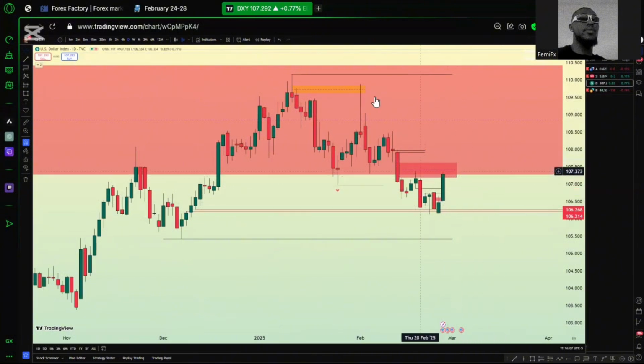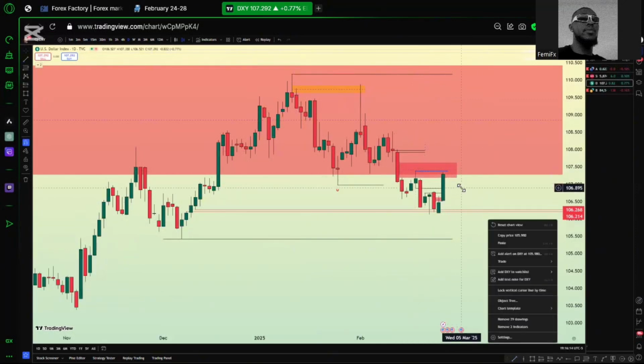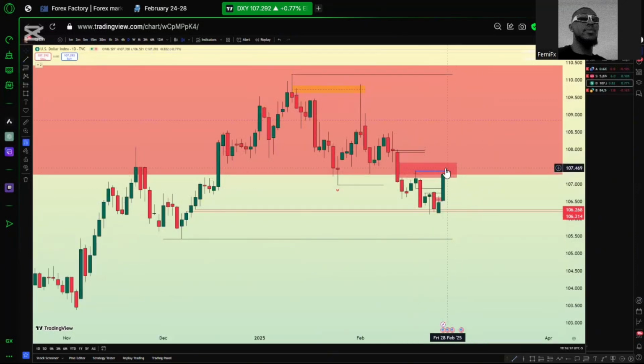Now that we're at this level, I'm going to just mark this out for DXY. Watch how we trade around this level tomorrow. Tomorrow being Friday, we may not really see that rally. But if we're going to continue with that rally, I want to see this volume imbalance being utilized. If you've been following this channel for a while, you see how we use volume imbalances.